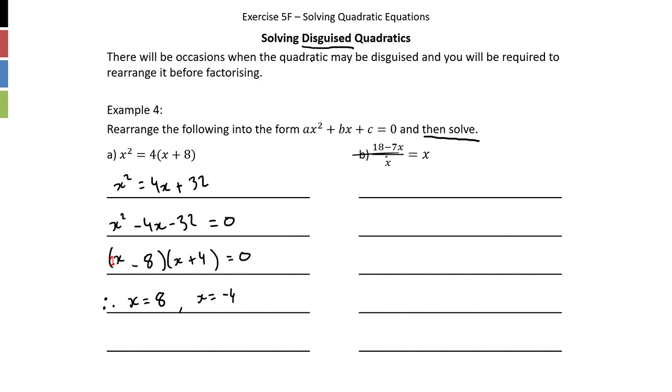Now part B, 18 minus 7x on x equals x. We rearrange this by multiplying both sides by x.